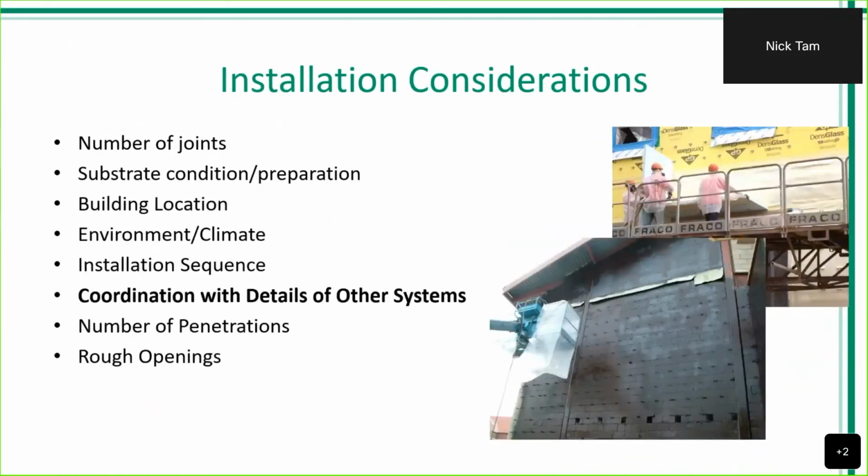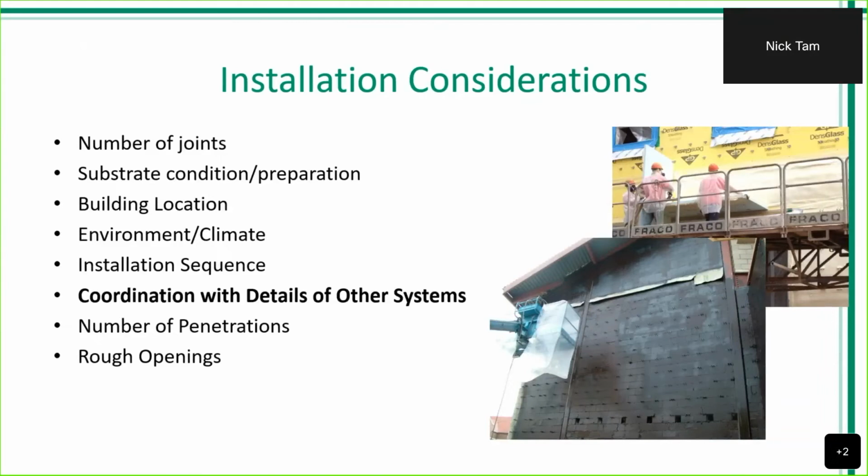And really, just to hammer in what we already mentioned earlier, for installation considerations, we have to make sure that these substrates are prepped appropriately. We have to take into account the number of joints as we decide what materials we want to use, because there are materials out there that may be installed more easily for a large square footage structure compared to another product.